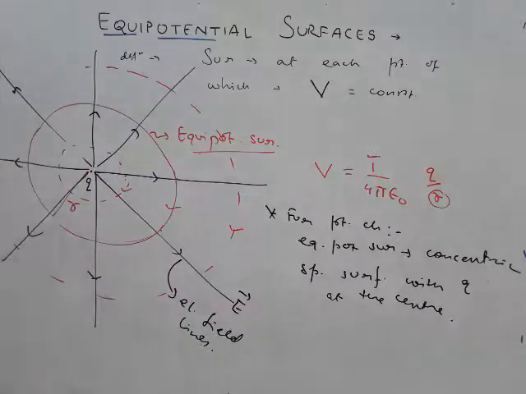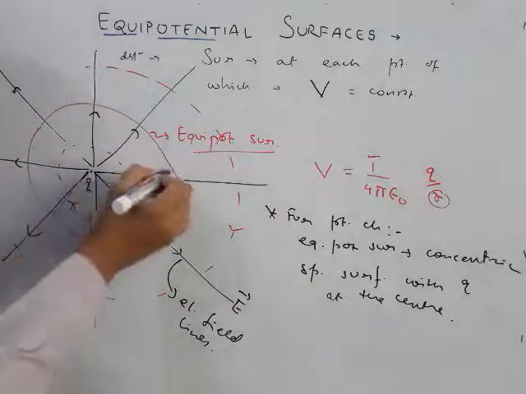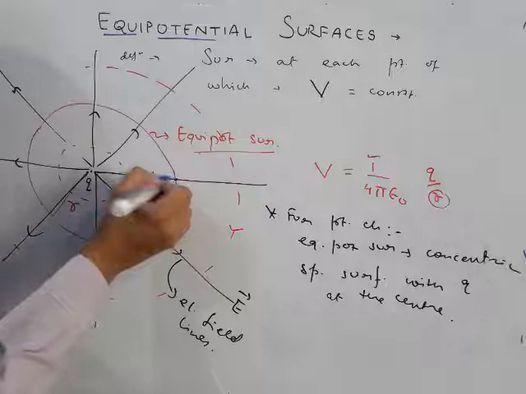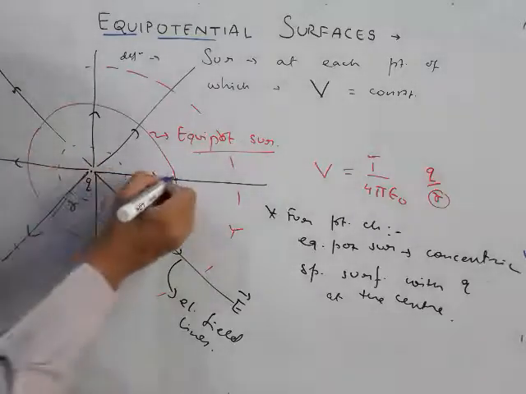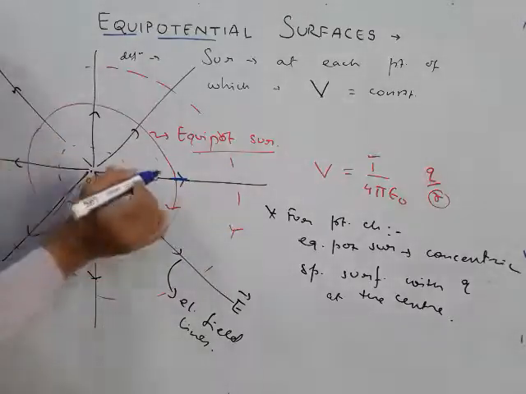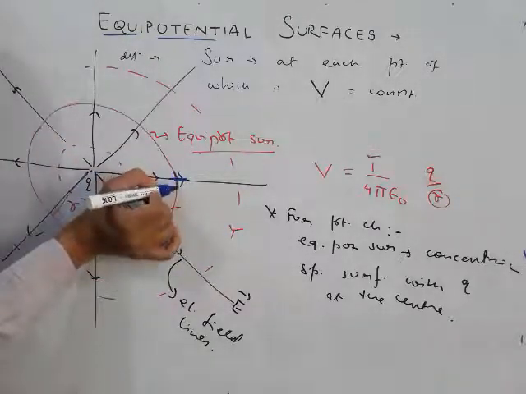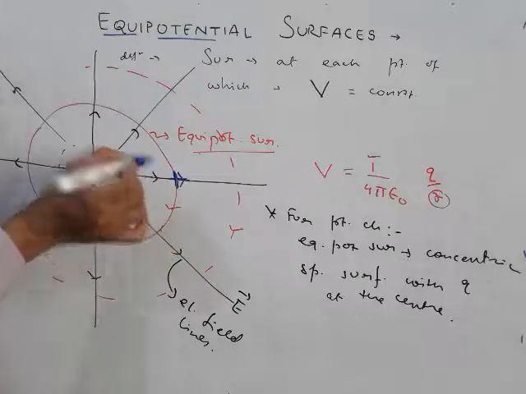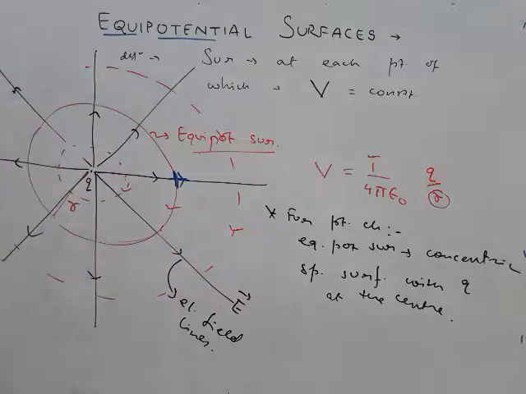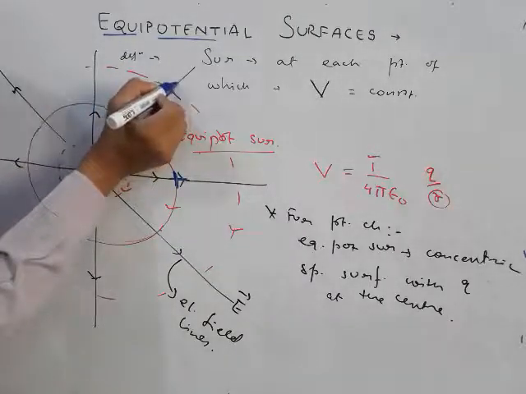Now what do you observe? We observe that in this particular case, at any point, if you see the direction of electric field, for example, here the direction of electric field is like so. And if you see the equipotential surface, this is like so. Are they perpendicular to each other? Yes. Here you see, this is the equipotential surface, this is the direction of electric field.